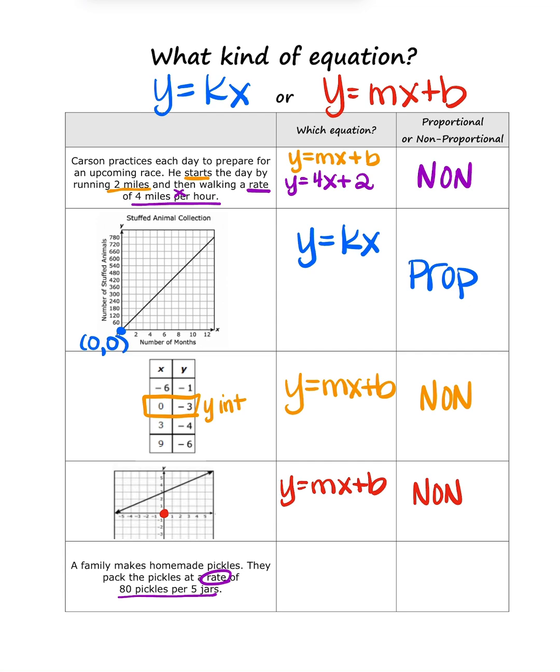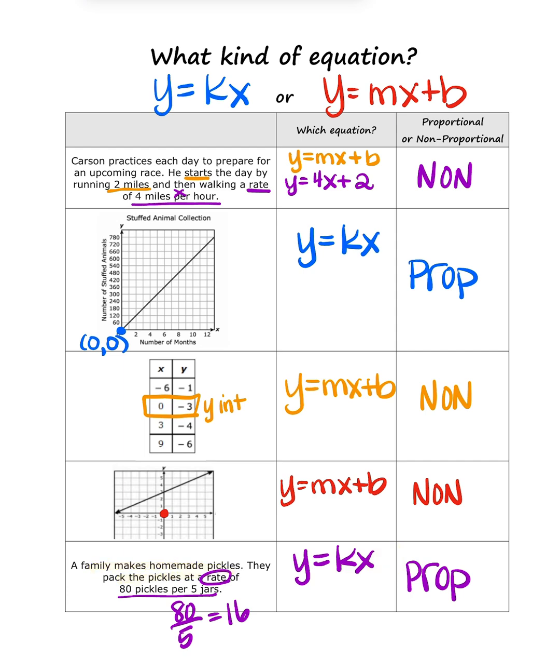So we would have a regular old y equals kx equation because they're telling us the rate is 80 per 5, or what would that be, 16. 16 is k. And this would be proportional because there is no plus piece after my equation. There's no beginning point in my words.